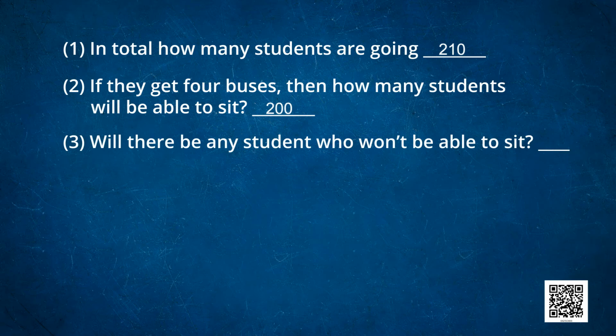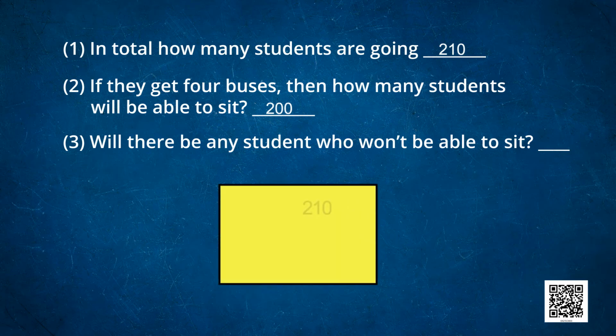Yes. How many students won't be able to sit? For that, we subtracted 200 from 210 and we got how many students? Just think, how many students are left? Yes, 10 students are left.